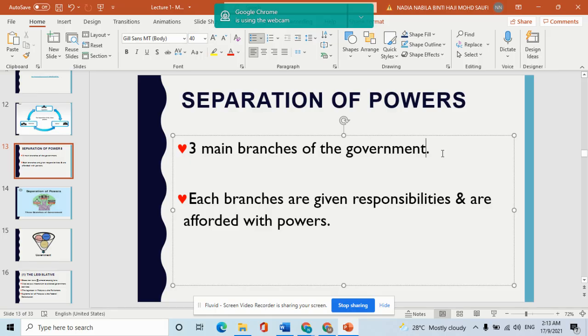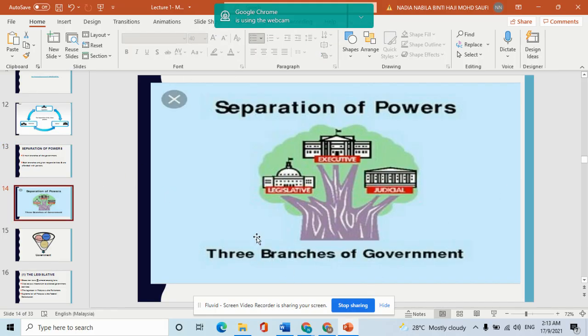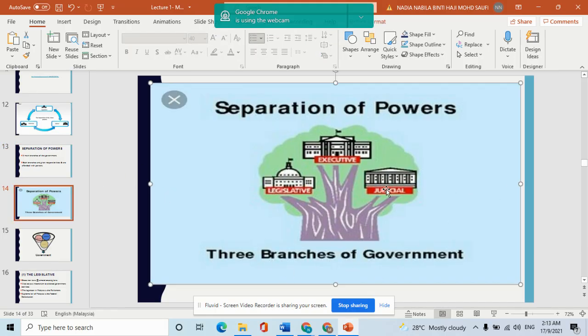So let's say as an example, if you're in legislative, your role is to legislate or enact law, amend or make new laws. But if you're in the executive, your role is to enforce or implement whatever laws are enacted by the legislative bodies.